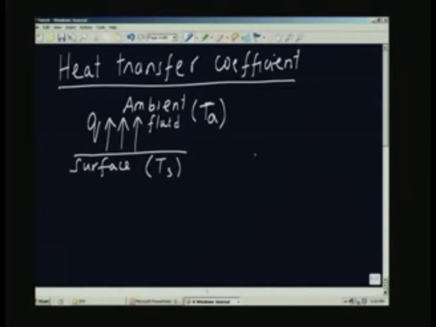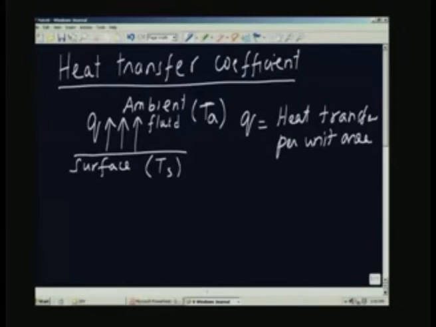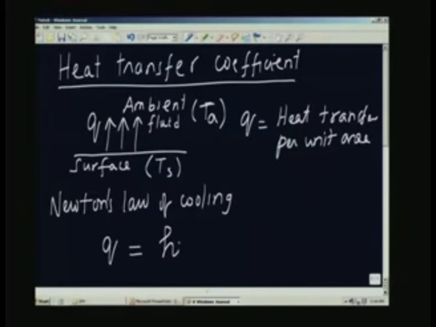Q is nothing but heat transfer per unit area. The fundamental equation is called the Newton's law of cooling. It says that Q will be equal to some quantity called the heat transfer coefficient H multiplied by Ts minus Ta.